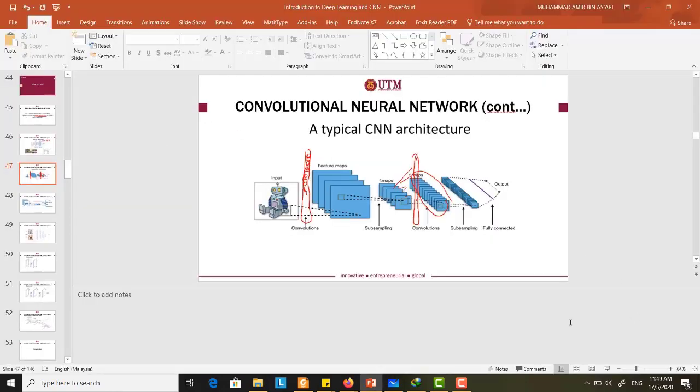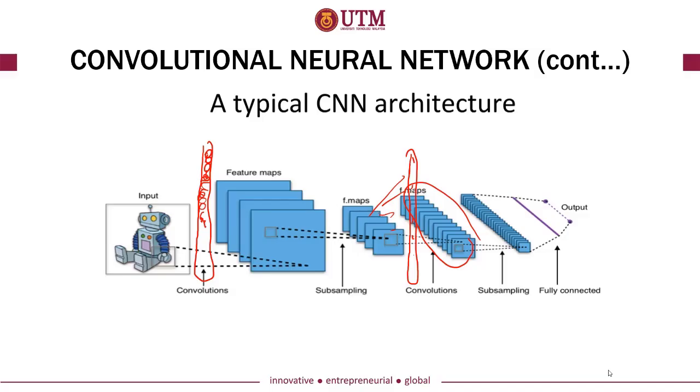Yep, this one. As you can see, here we already replaced it. Instead of using matrix multiplication, you are replacing the operation with convolution. And here you are also replacing the matrix multiplication with convolution. But the last process before you get the output uses what we call fully connected.